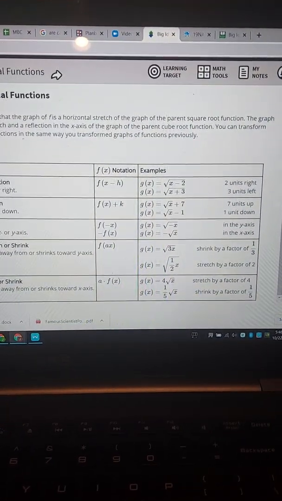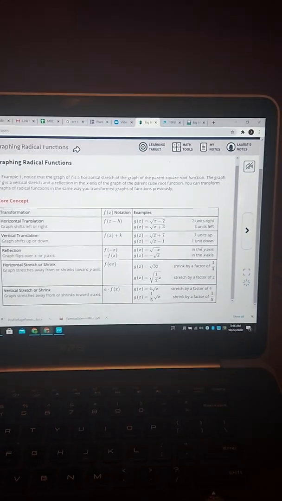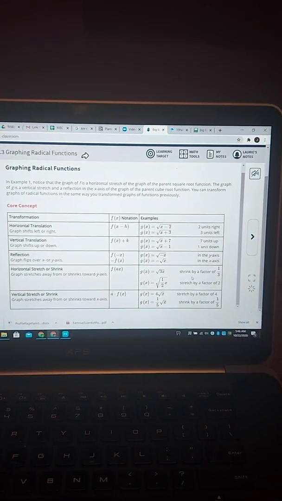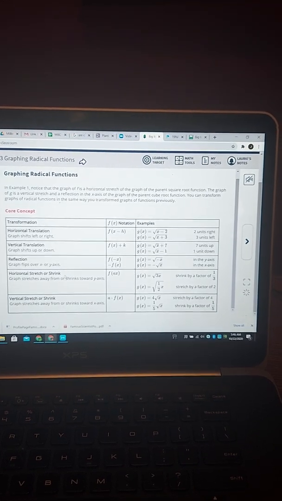So I'm going to hop back out of here and just show you my computer. The piece that I want to pay attention to right here is the horizontal stretch or shrink.